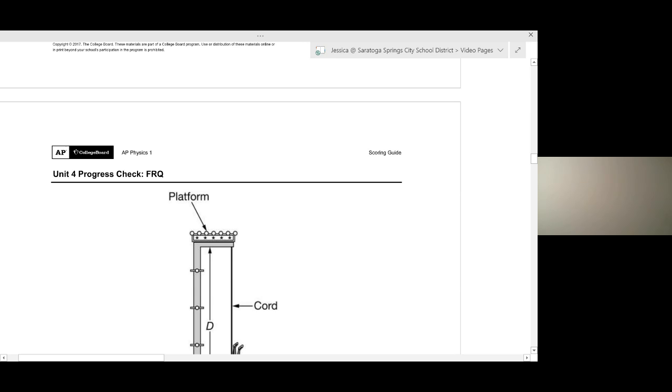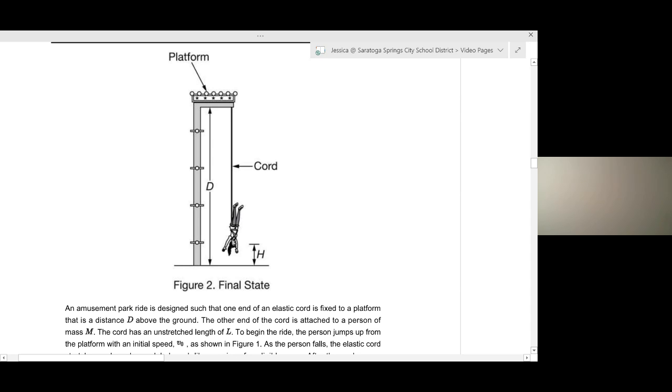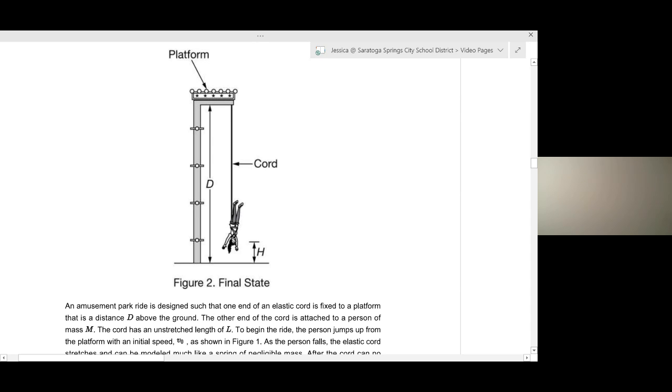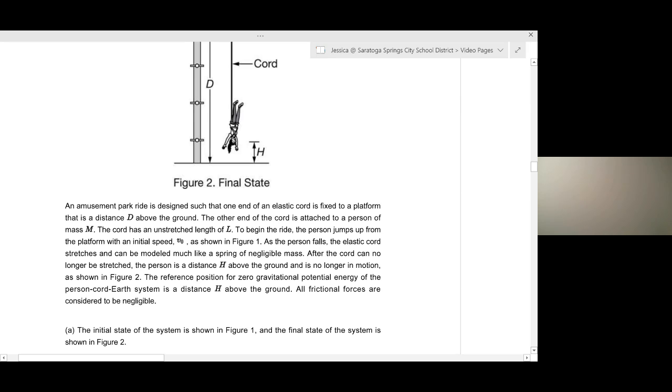All right, so then we have some second state, it looks like. So an amusement park ride, this is a dangerous amusement park ride. An amusement park ride is designed such that one end of an elastic cord is fixed to a platform that is a distance d above the ground. The other cord is attached to a person of mass m.